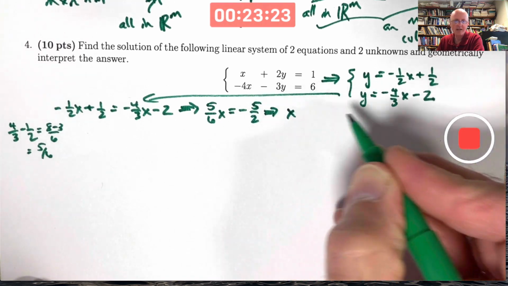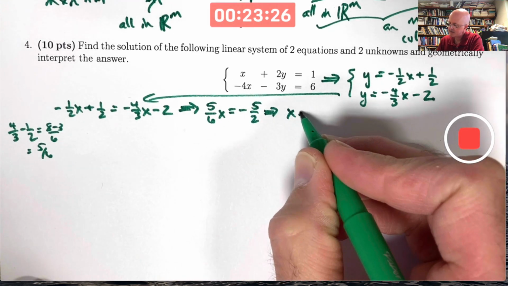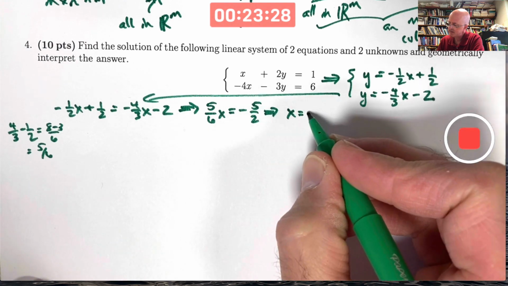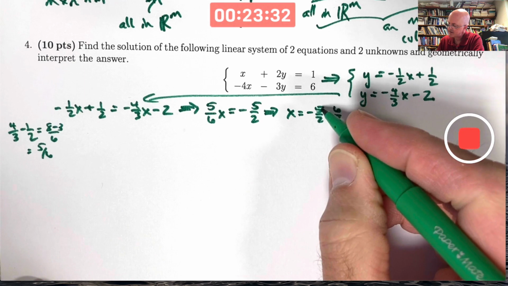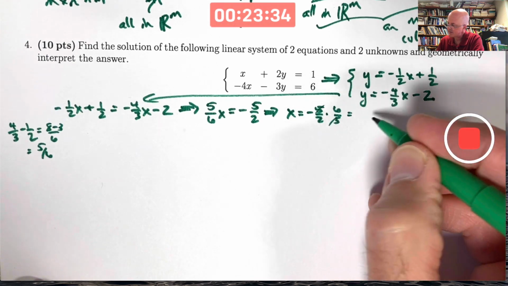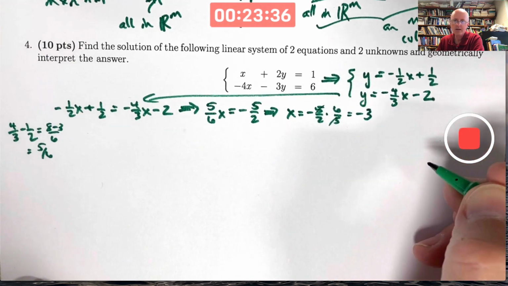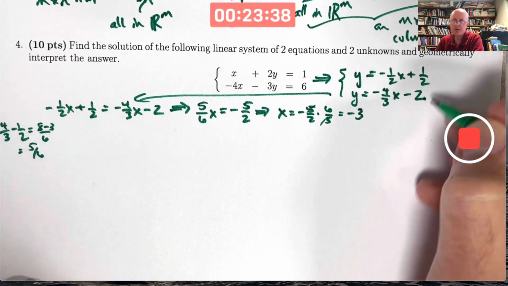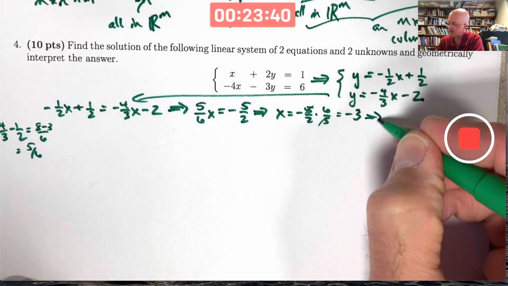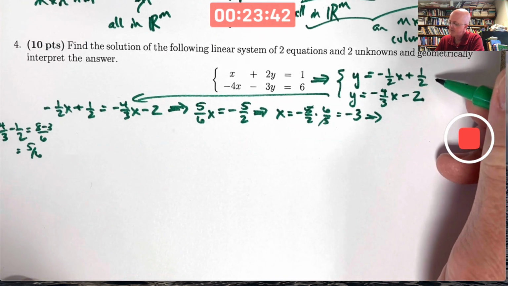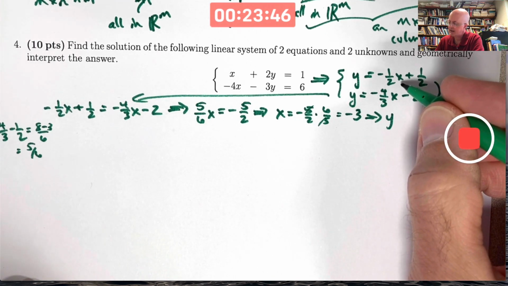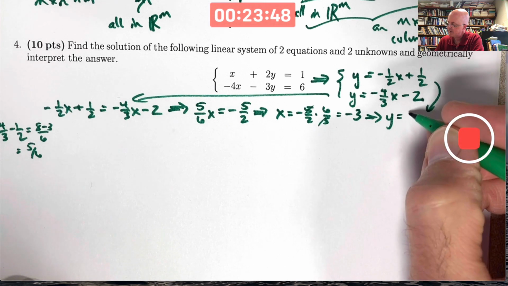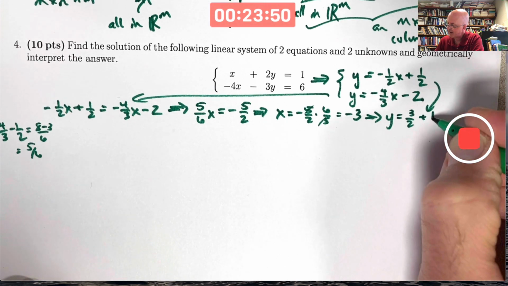Now multiply both sides by 6/5. X is going to be negative 5/2 times 6/5. 5's cancel. Looks like it's negative 6 over 2, which is negative 3. Nice number. And then use either one of these equations to find y, and they should give you the same answer. If I plug in x equals negative 3 right there, I get positive 3/2 plus 1/2, which is 2.